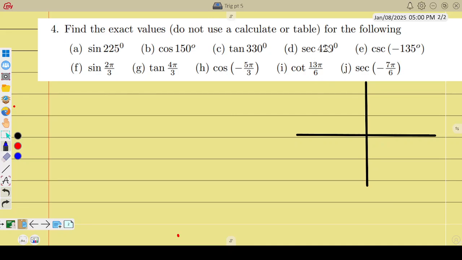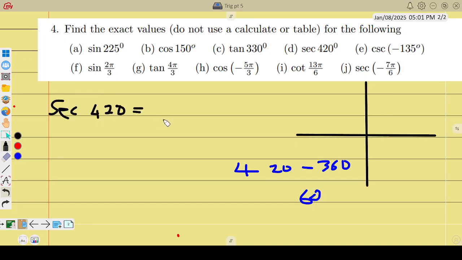So like we have sec 420, we have to subtract 360. So what is 420 minus 360? You do your math, you are going to get 60. So this means that sec 420 is basically the same as sec 60.